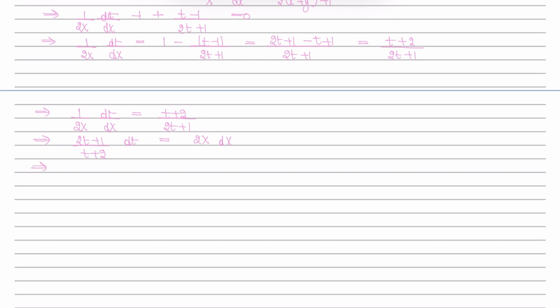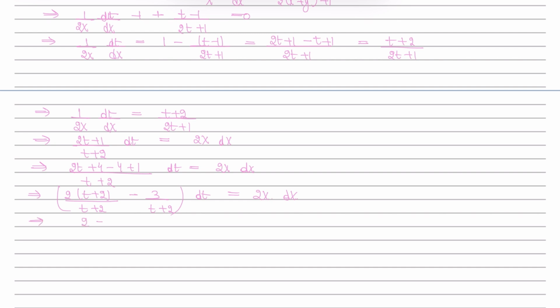simplifying the left hand side, let us add and subtract 4. It becomes 2 times t plus 2 divided by t plus 2 minus 3 upon t plus 2 into dt is equals to 2x into dx.